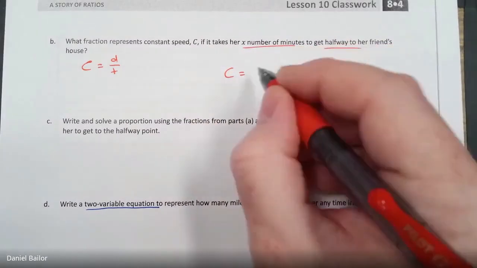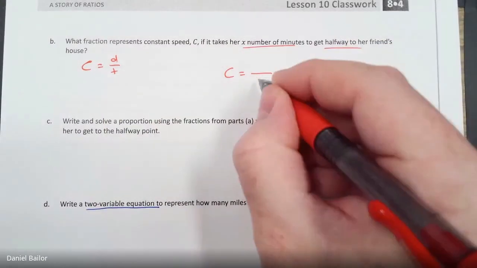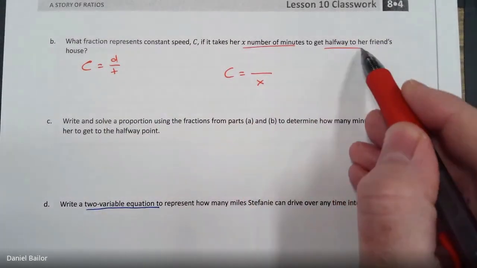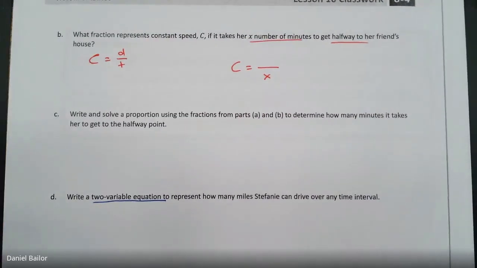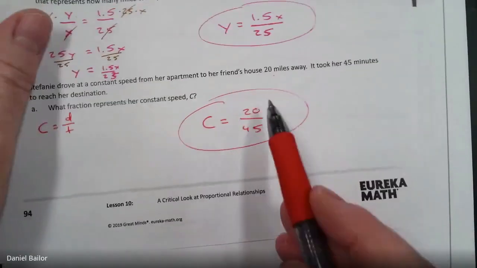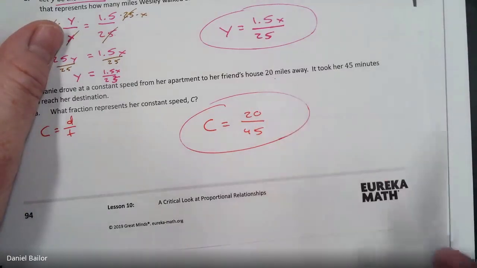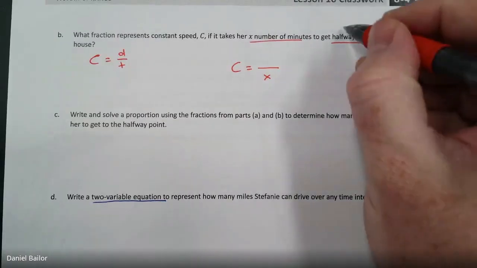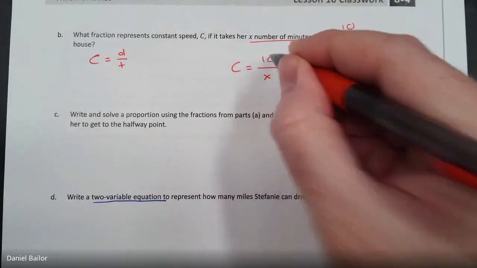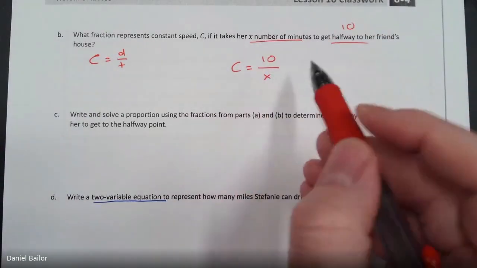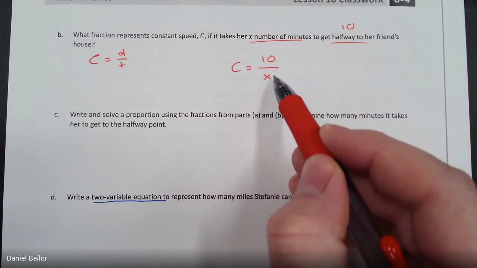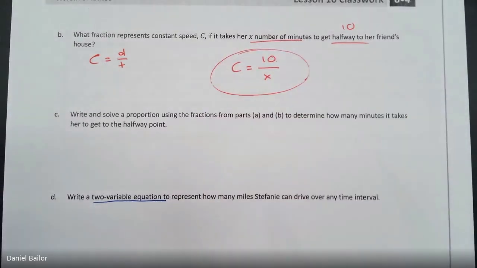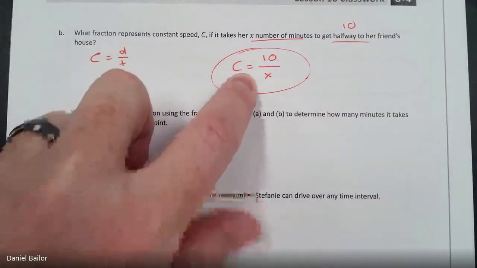Well, her time is X, and halfway to her friend's house, which is 20 miles away, is 10. So this time, her speed is 10 miles in X minutes. So we know she does 20 miles in 45 minutes, and she does 10 miles in X minutes.